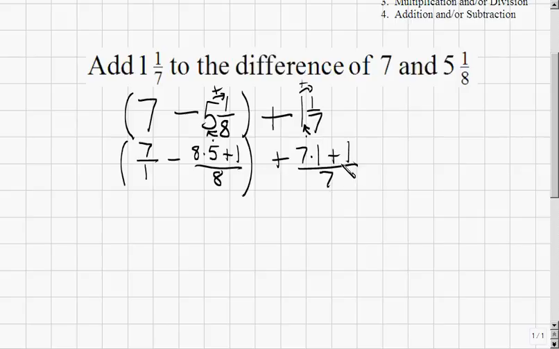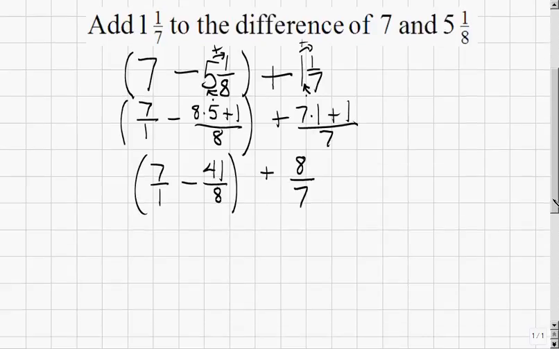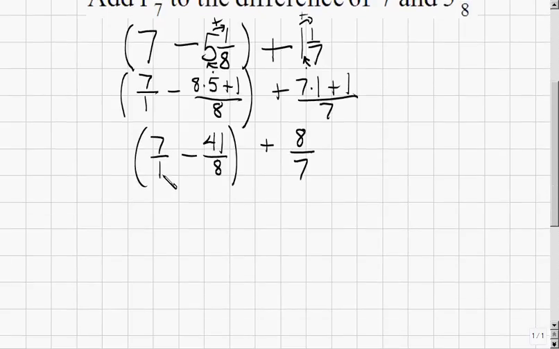Let's simplify these two fractions. 8 times 5 is 40, plus 1 more becomes 41 over 8. We're subtracting that from 7 over 1, and we'll do that first within parentheses. After we come up with an answer, we'll add that to 7 times 1 is 7, plus 1 is 8 over 7.